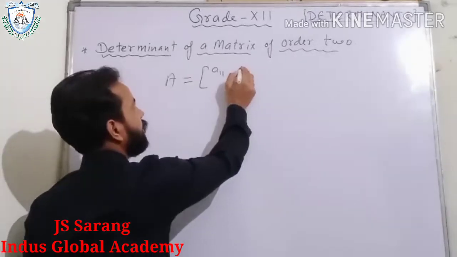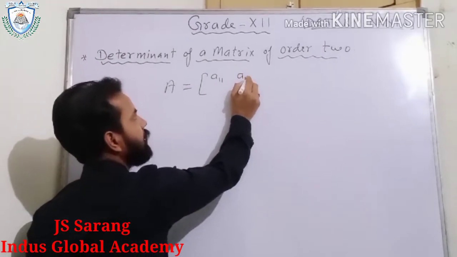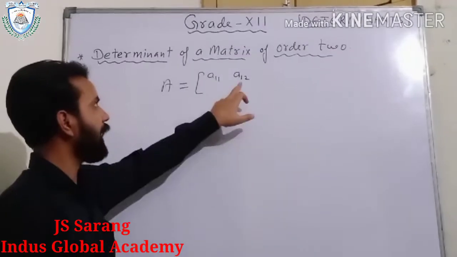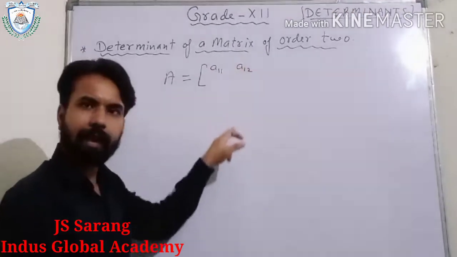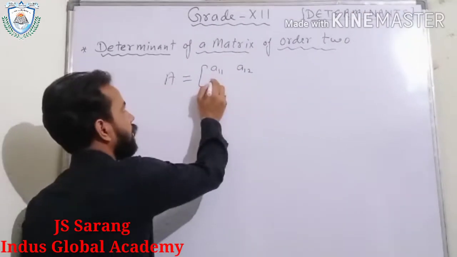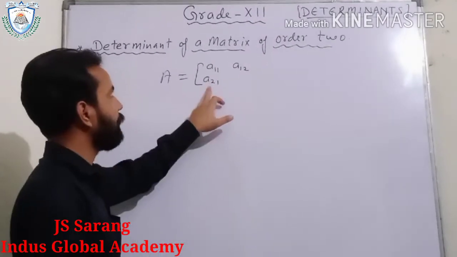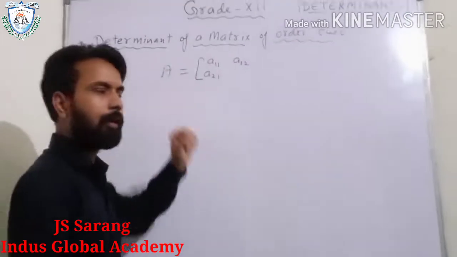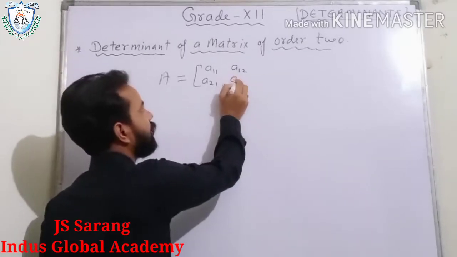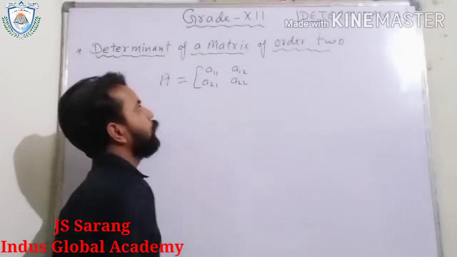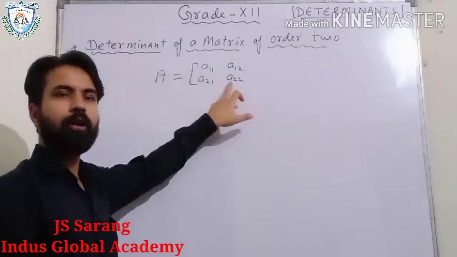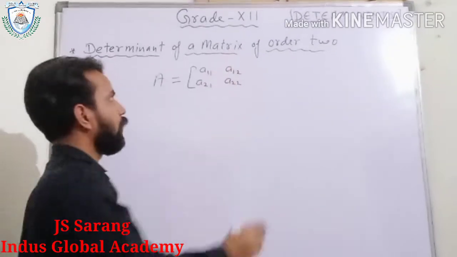The second element is denoted as A12, the element of first row and second column. This element is denoted as A21 because it is the element of second row and first column. And this element will be A22, the element of second row and second column.